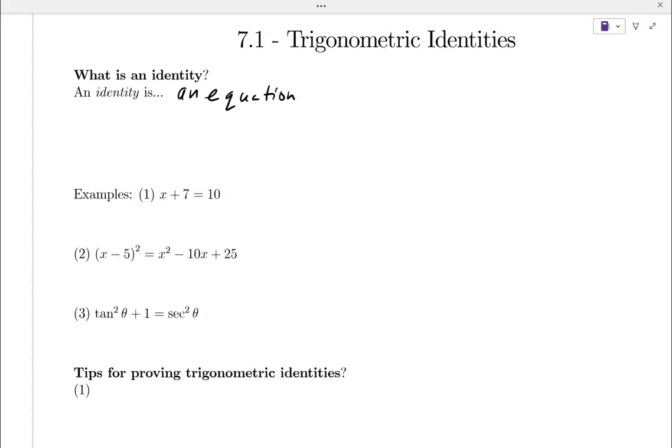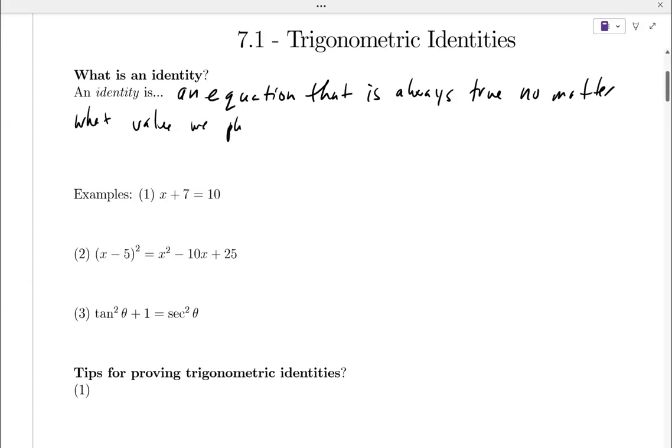But usually, when you think of an equation, you think about solving one, right? That's not what we mean by an identity. It's not something that we want to try to solve. It's an equation that's true, that is always true, no matter what value we plug in for the variable.